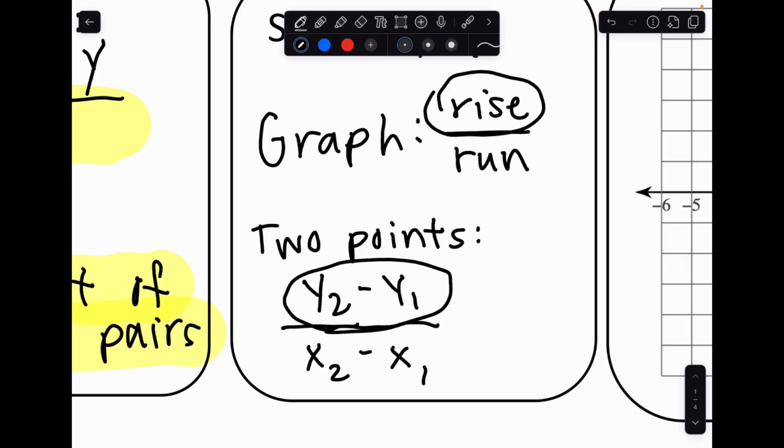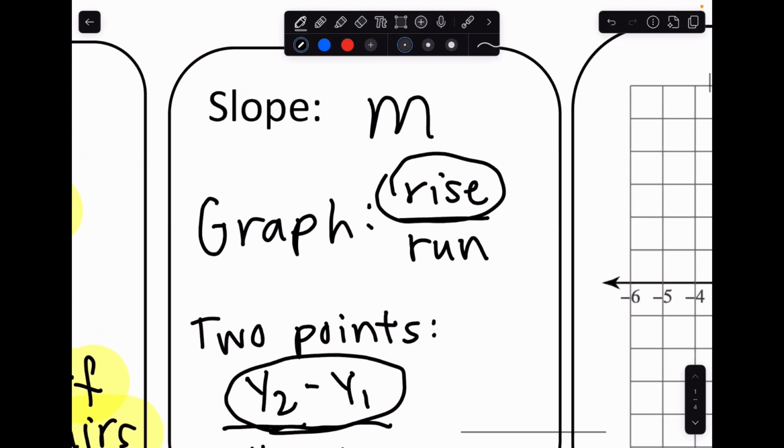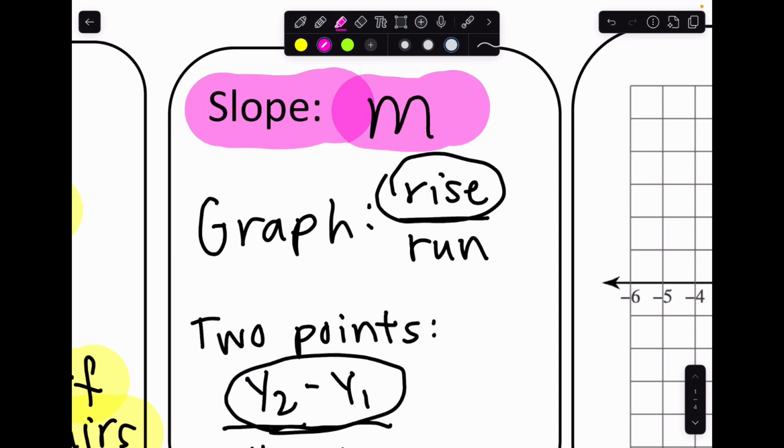Right? So when we rise, we go up the y axis. When we run, we go along the x. So remember, that's why we have to use our y's on top, x's on bottom. A lot of people struggle with this. All right. So we have our slope, and obviously we know that's our m.